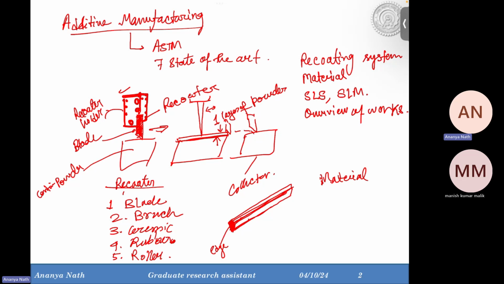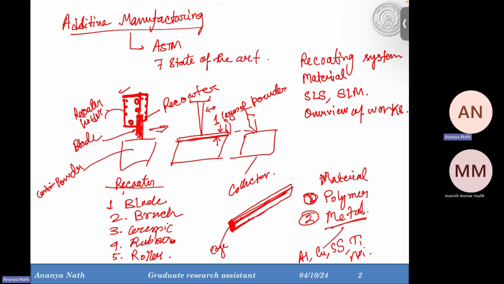So from the material aspect, either we can use polymer or we can use metal. In metal, we can use any metal like aluminum, copper, stainless steel, titanium, nickel, then their alloys.